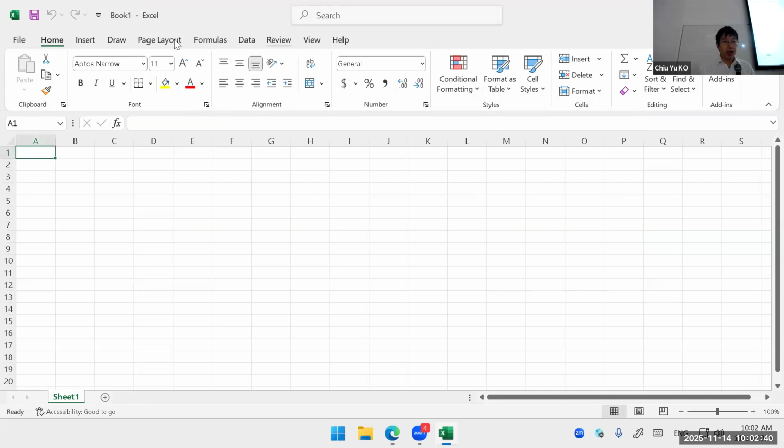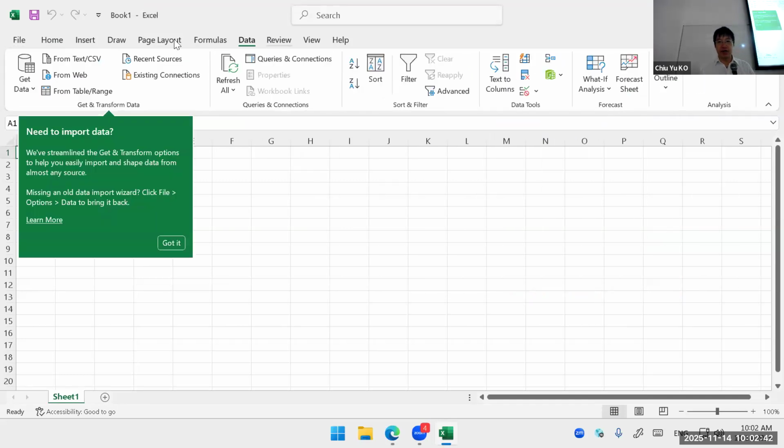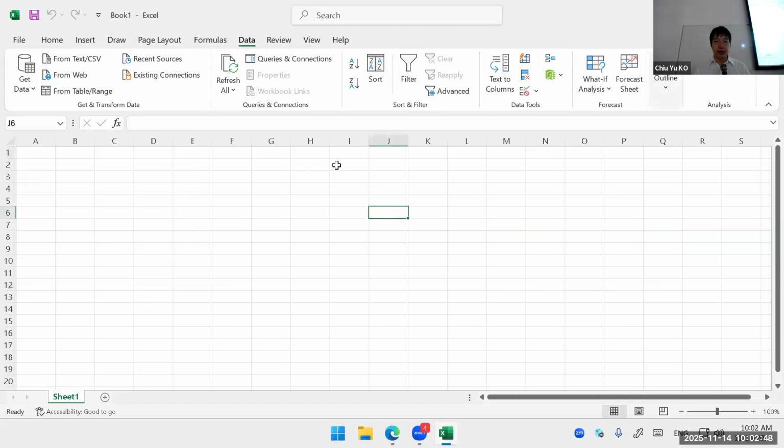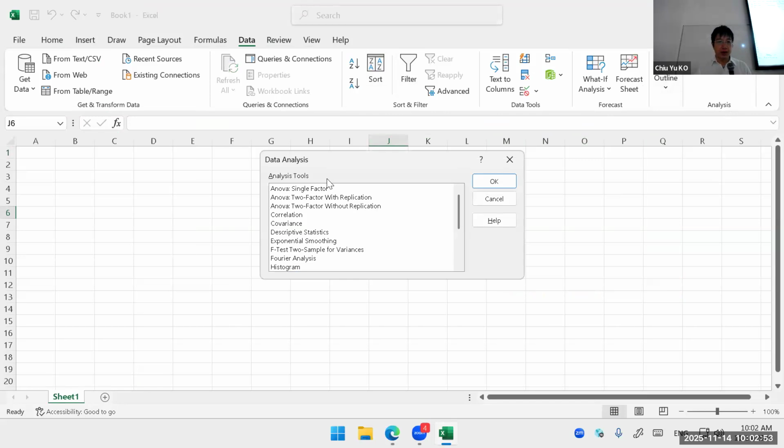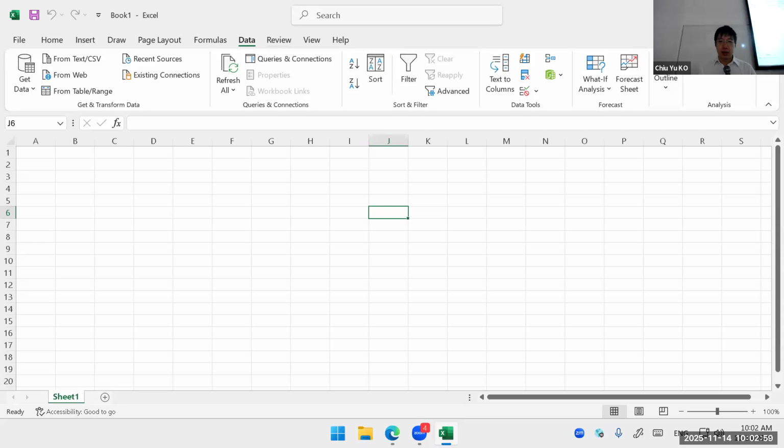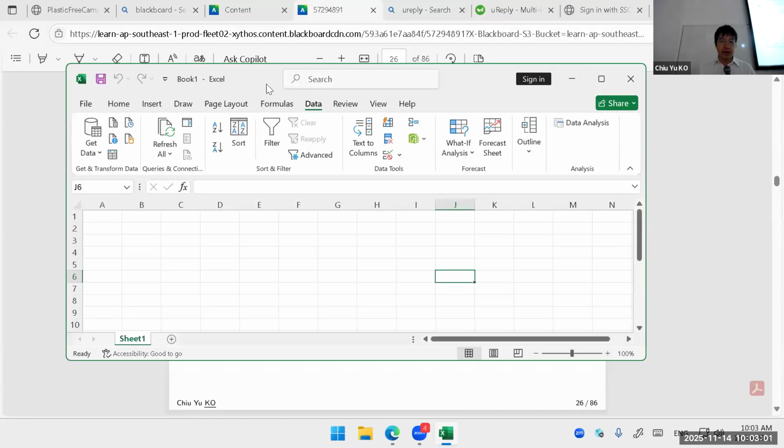So if you don't know, you can ask the AI. I think AI can tell you this factual stuff very quickly. So what I do is the data analysis, and the very first one is for a single factor. Okay. But before I do that, let me copy the data we have, then it will be fine.